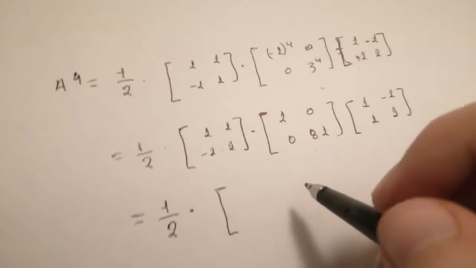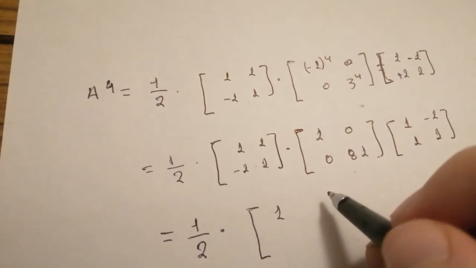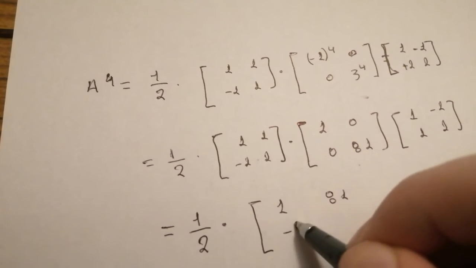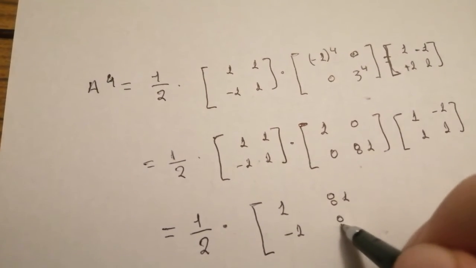Let's do the multiplications. So this is 1, 81, minus 1, 81.